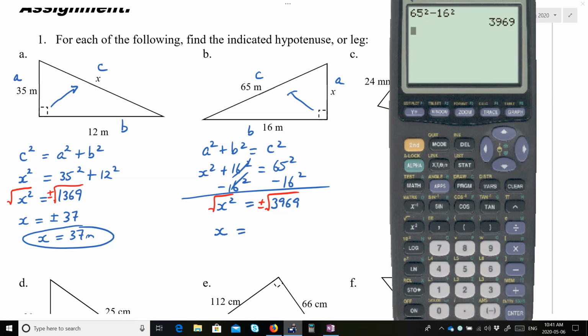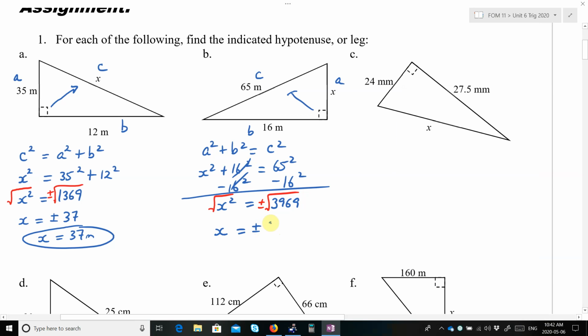X equals the square root of that answer, and we get 63. So mathematically it starts off as plus or minus 63, but then we would reject the negative, finding the length of a side. 63, in this case, meters. And again, consistent with the answer key.